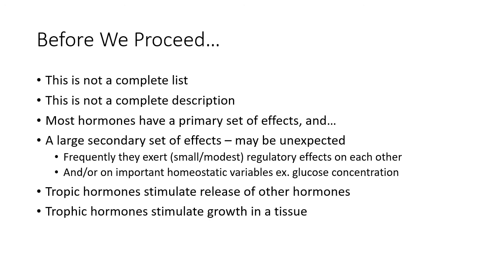Every hormone has a long list of effects. It'll usually have either one main effect or a couple or several main effects, and those are the ones that we'll talk about. And then it'll also have a bunch of secondary effects that are less prominent, but still could be important.